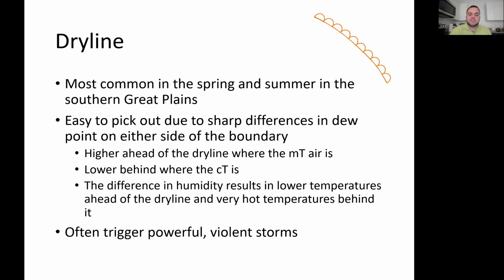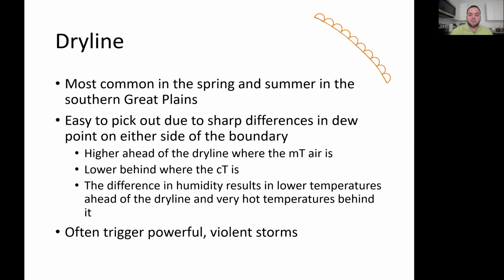And so typically what we see is a dew point value that is going to be higher ahead of the dry line where that maritime tropical air mass is. Remember, that's a humid air mass, so our dew point values are going to be higher. And we find much lower dew point values where the continental tropical air is, or behind that dry line.